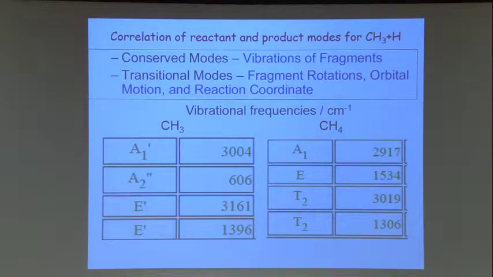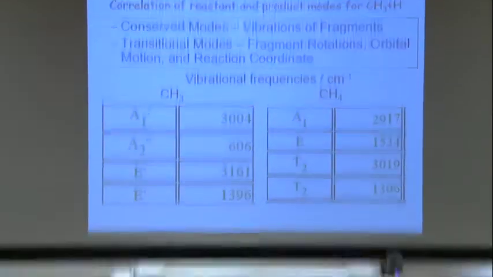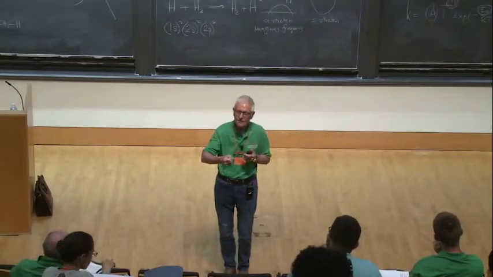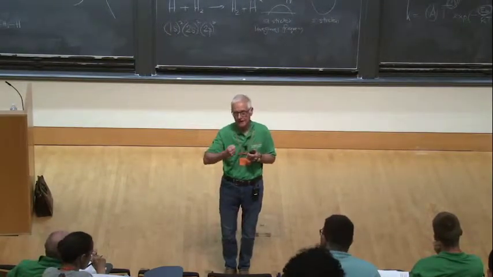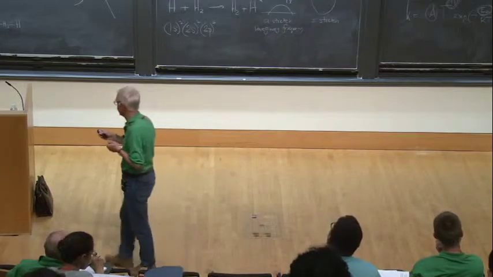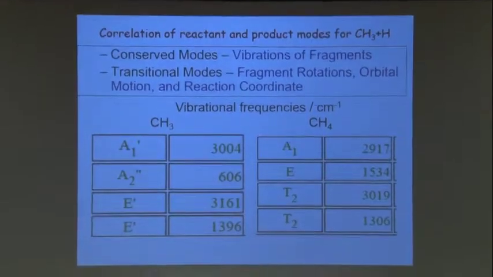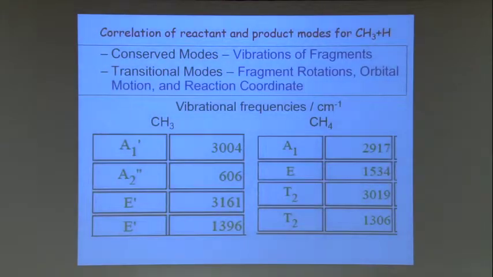Now, let's try and understand why that is. So what's going on? As the two species come in, the energy decreases. But what's happening to the entropy, if you like, as these two species come in?